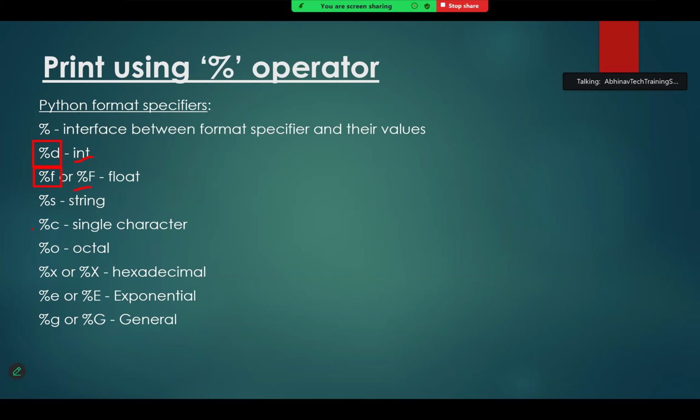And similarly, %s, %c, %o, there are many placeholders that you can use using this % symbol. Now, a single % symbol basically defines the interface between output format specifiers. These %d, %f, %s are format specifiers. And then the single % symbol acts as an interface between the format specifier and their value.